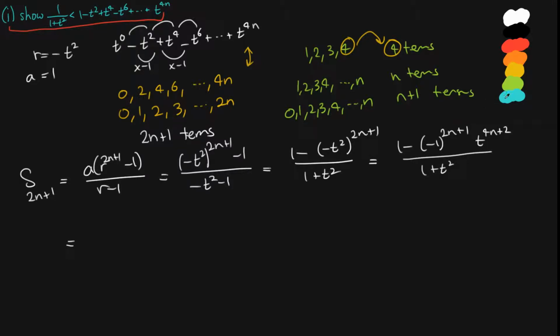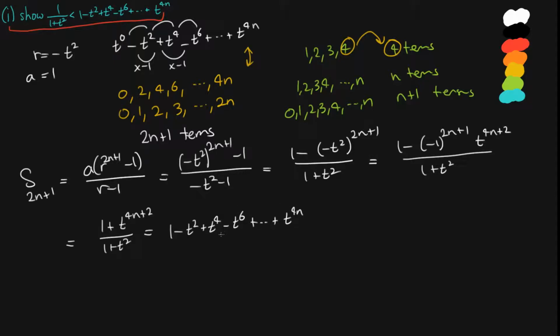So now notice that this thing, the 2n, is an even number, so 2n plus 1 is an odd number, and -1 raised to an odd number like 3 is always -1. So I have a double minus, which will be a plus. That'll be 1 plus t to the 4n plus 2 over 1 plus t squared. And as a reminder, that's equal to 1 minus t squared plus t to the 4, and so on to t to the 4n.